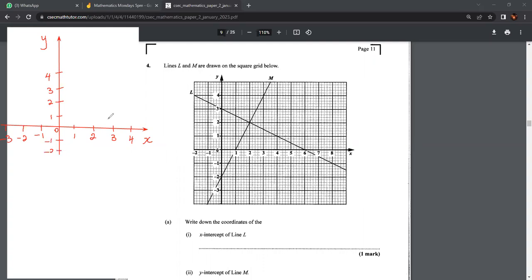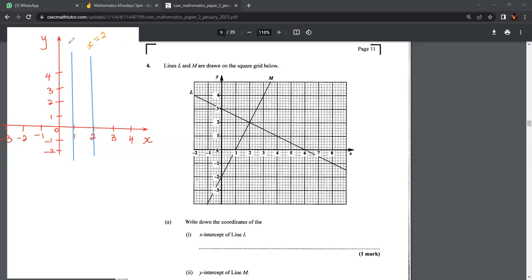Now, just a reminder, although your x-axis is laying down or horizontal, your x values are vertical, right? So if they ask you to sketch the graph, or they might say sketch the line x is equal to 2. This line here is x is equal to 2.